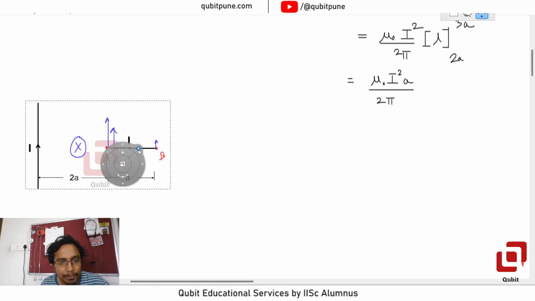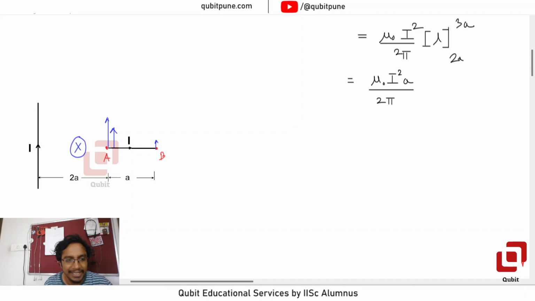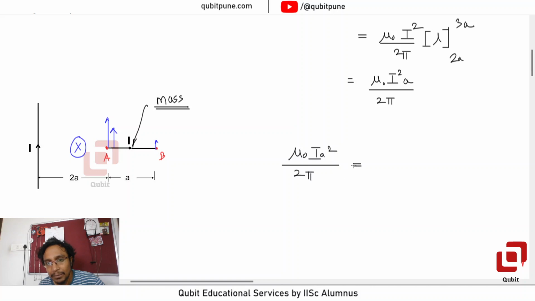If I wish to place a mass, let us say at the midpoint here, what should the value of that mass be so that it will balance the clockwise moment due to this current? And in that case you can say mu naught I a squared by 2 pi will be balanced by mg into 5a by 2.